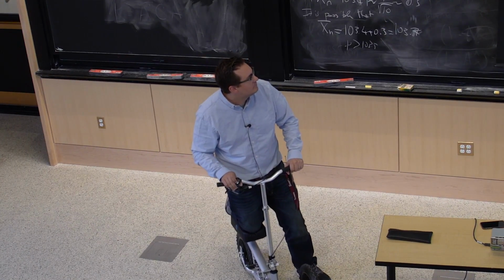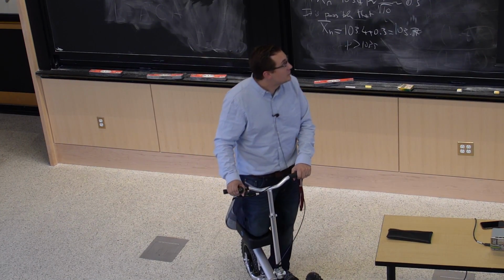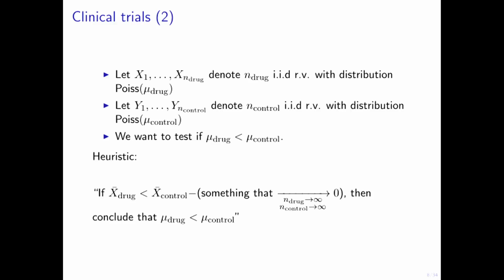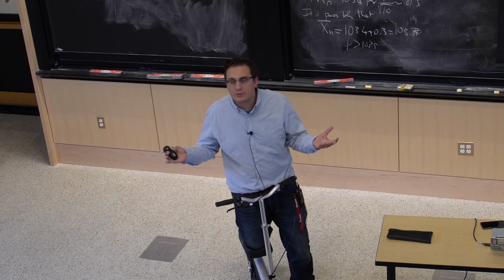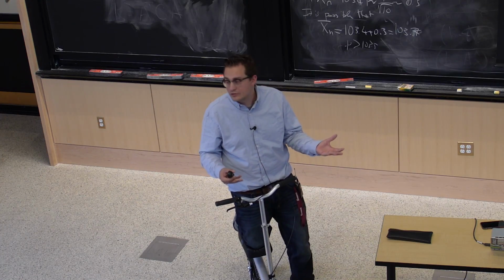All right, so for the clinical trials now, I'm going to collect data from the control group, and I'm going to collect data from the test group. My control group here, I don't have to collect the same number of people as in the drug group.